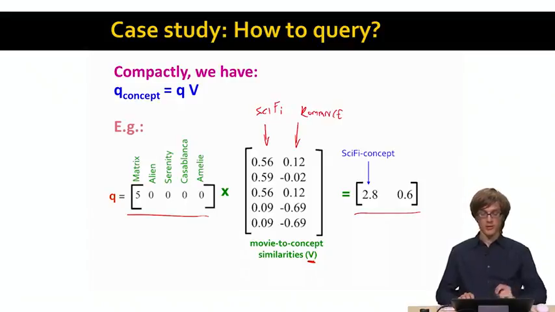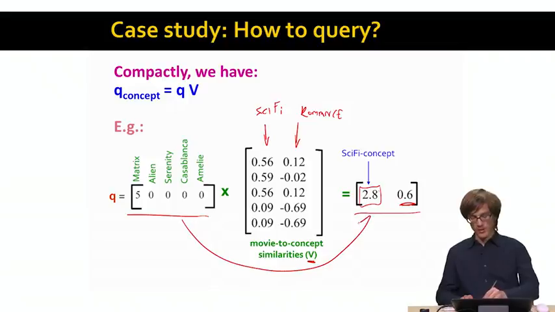And as we do the inner product, we see that our query point corresponds heavily to the sci-fi concept and has a very low coordinate value along the romance concept. So this is how we took the query and mapped it into the concept space.